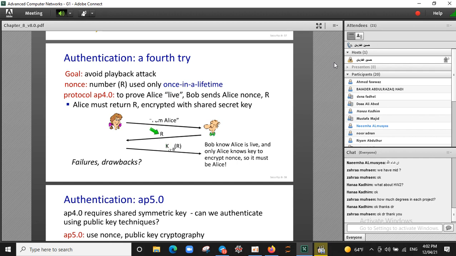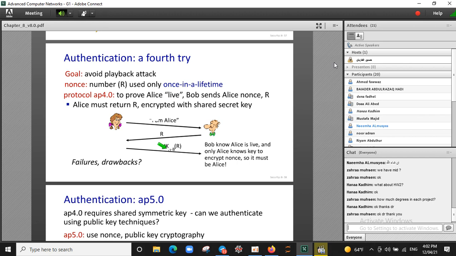Bob can change this message sometime else, okay? And only Alice can know what that shared key is.